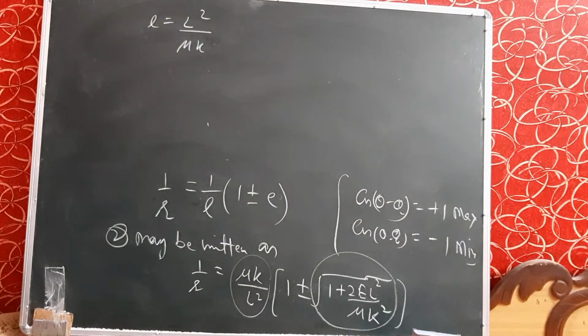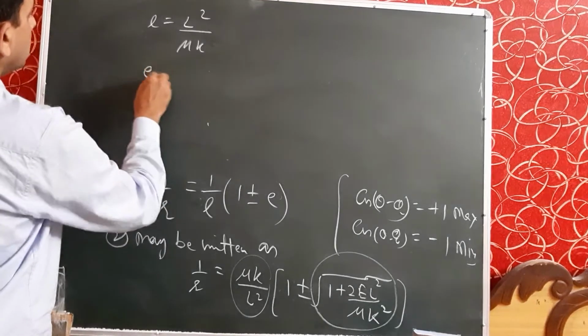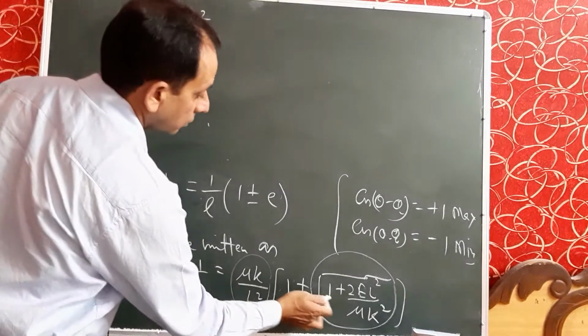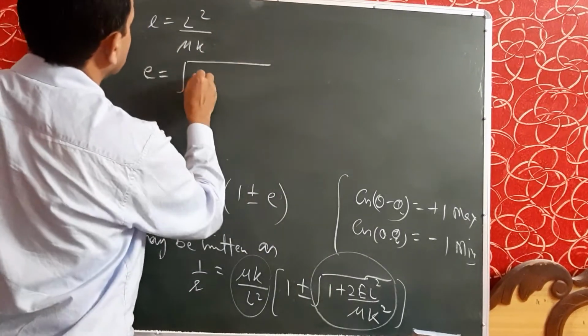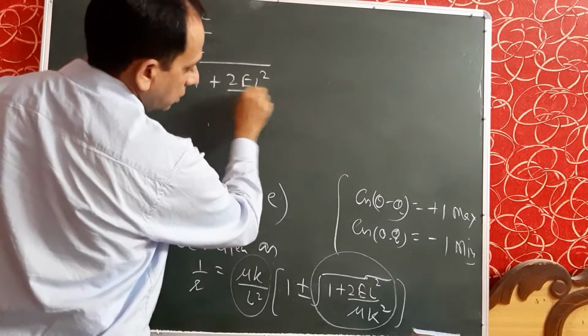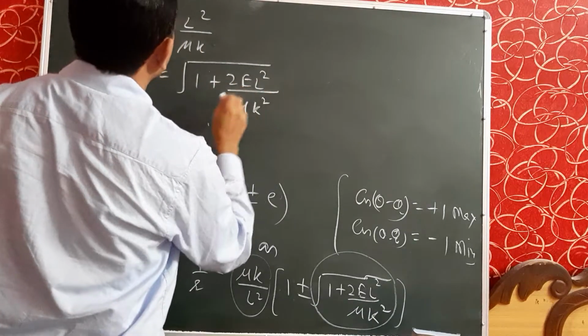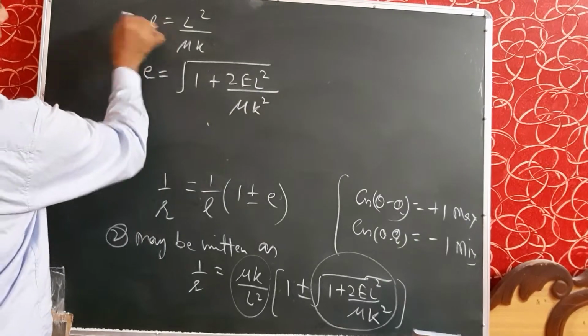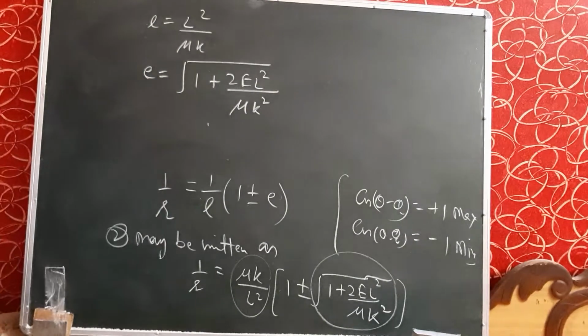This is L. And what is E? E becomes this one, under root of 1 plus 2e L square over mu k square. And this is semi-latus rectum, and this is eccentricity.